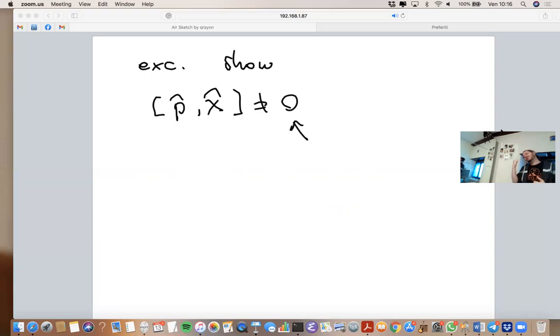And we sort of mumble that the act of measuring P destroys the information of measuring X, just as much as measuring the Y component of some magnetic moment destroys the previous information on the X component.